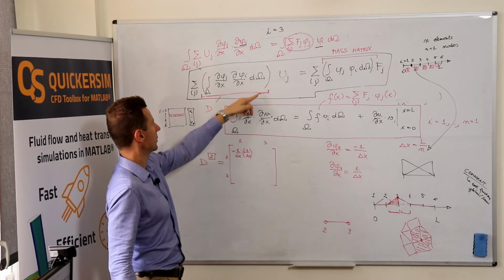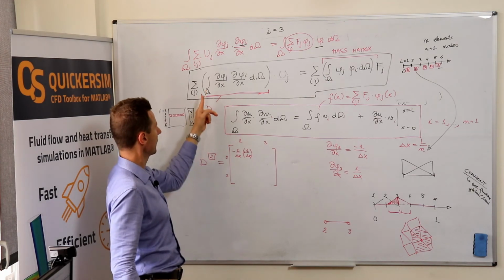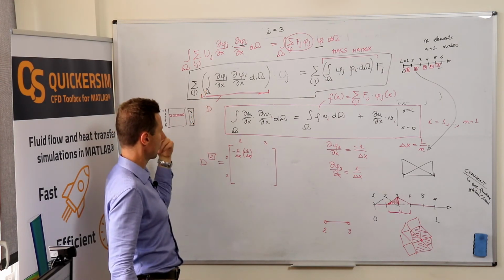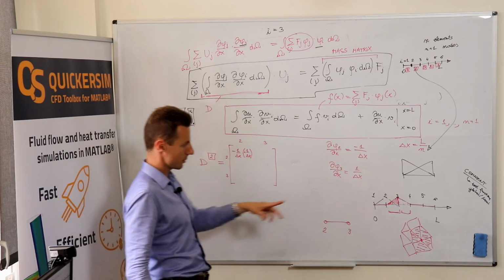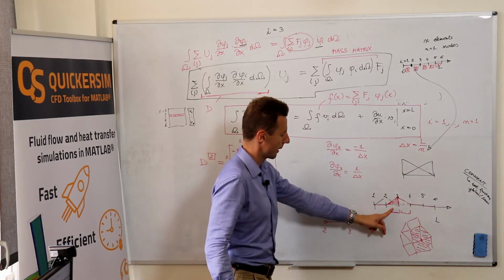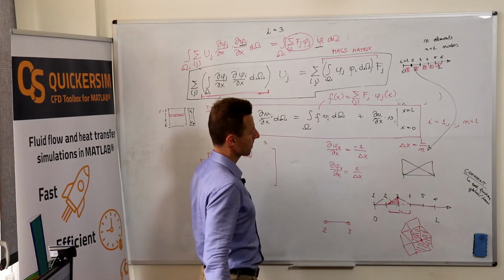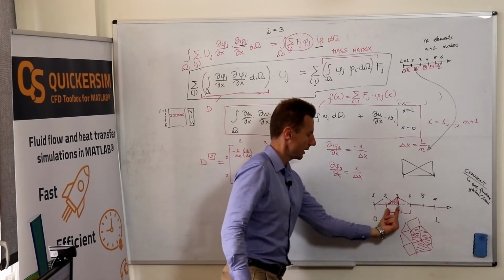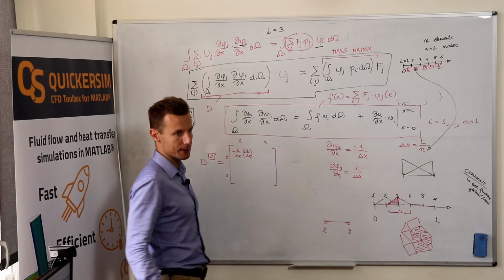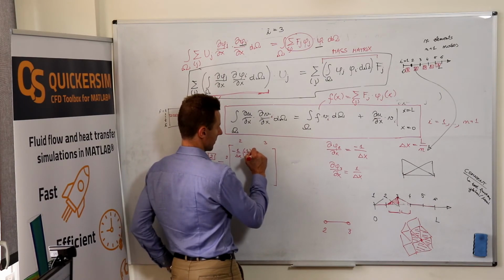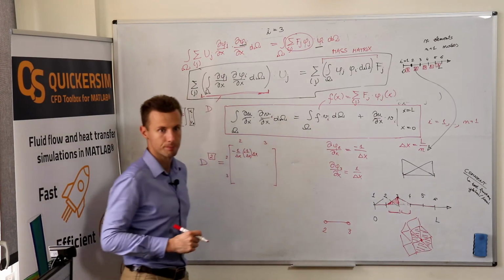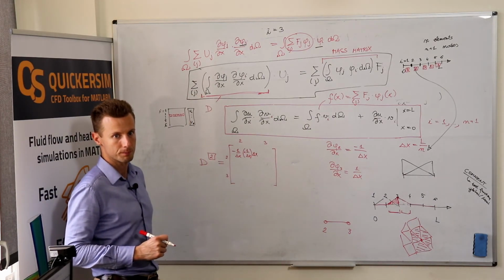Times, we need to integrate over the area of just one element, because we will be integrating over the other element as well. And what's the area of the element? It's delta x. Good?